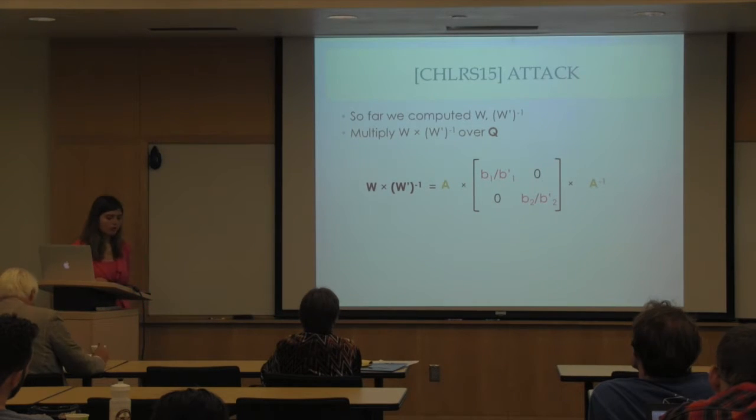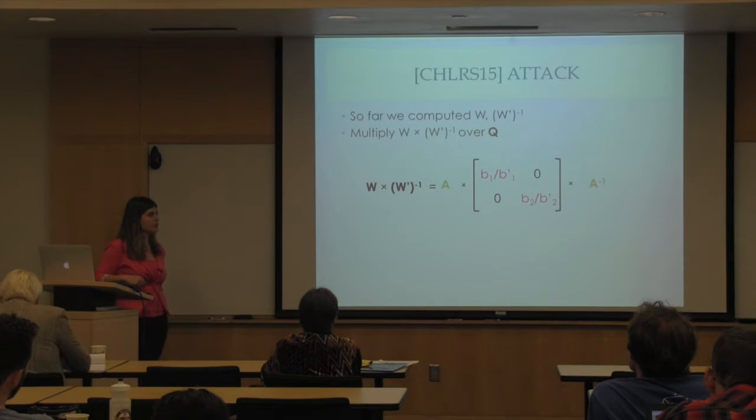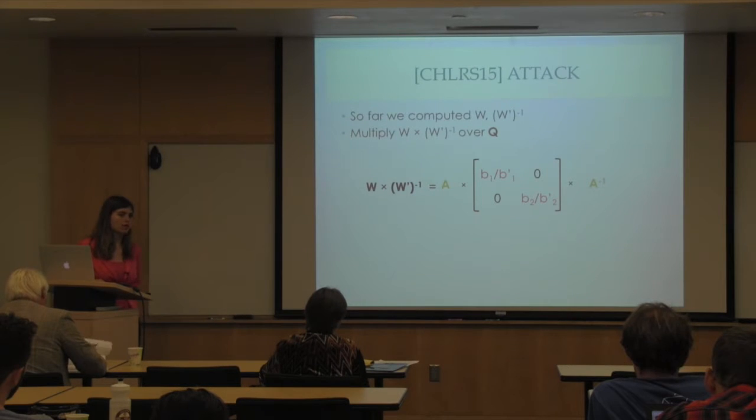So what did we achieve? Well, what we achieved is that we obtained a matrix that has eigenvalues that depend only on the CRT components from the encodings in the set B.